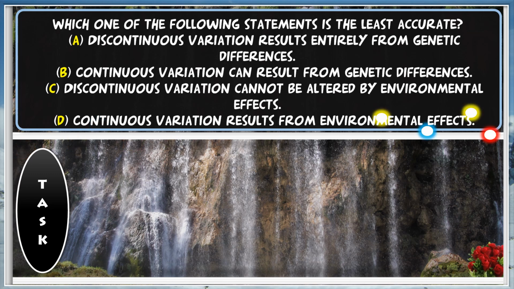C. Discontinuous variation cannot be altered by environmental effects. D. Continuous variation results from environmental effects.